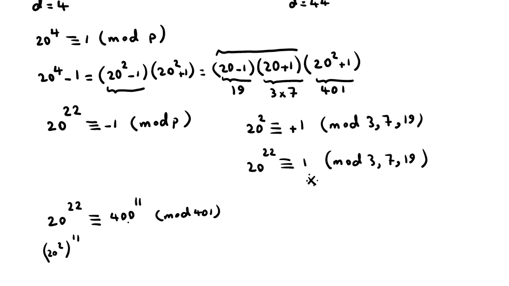And 20 squared is 400. 400 is congruent to what? Mod 401, negative 1. Negative 1 to the power of 11 is congruent to negative 1 mod 401. And it works. So we understand one prime factor of 20 to the power of 22 plus 1 is 401.